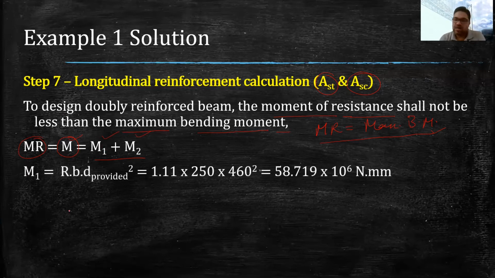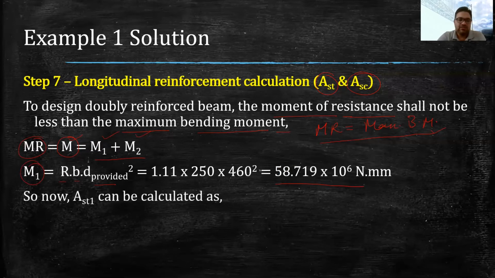M1 is RBD square, which is the moment of resistance of the singly reinforced beam as a balanced section. Putting the values of R, B, and D provided, we can find the moment of resistance of the singly reinforced beam, which is 58.71 kilonewton meter. Now this is the value of M1.